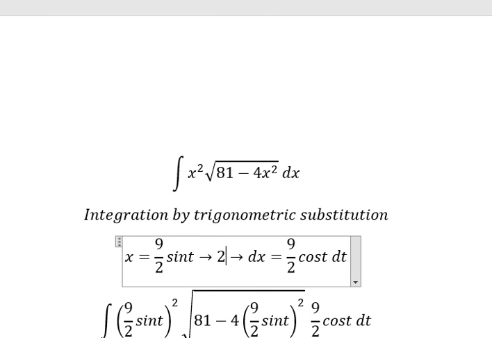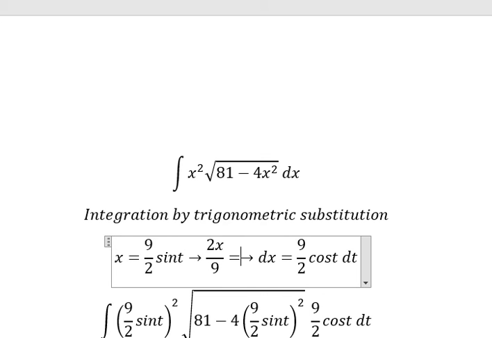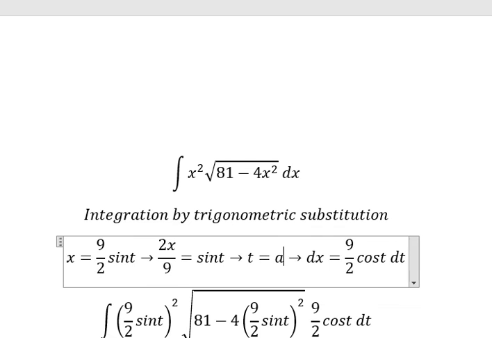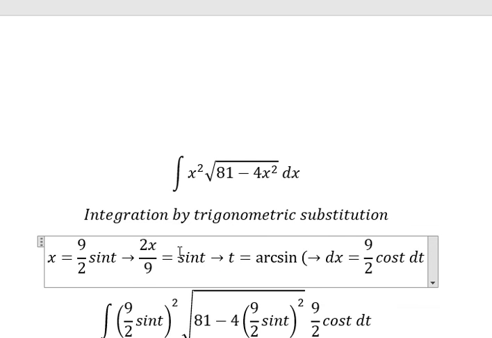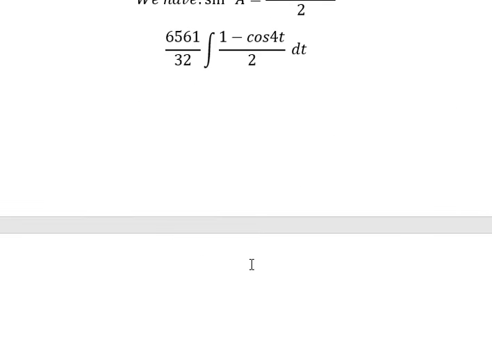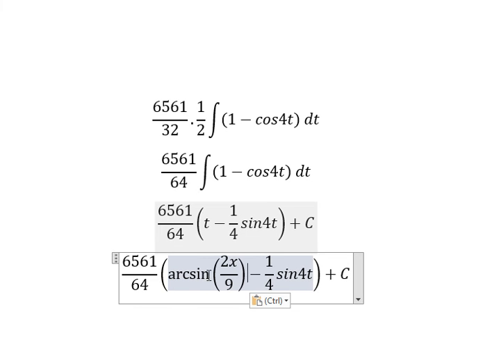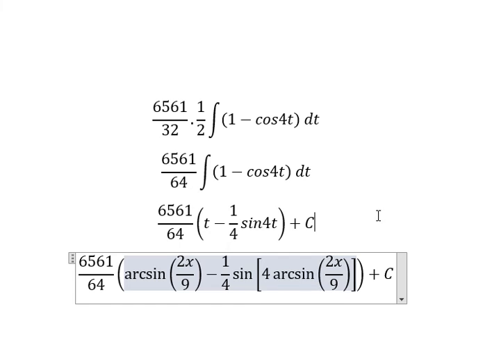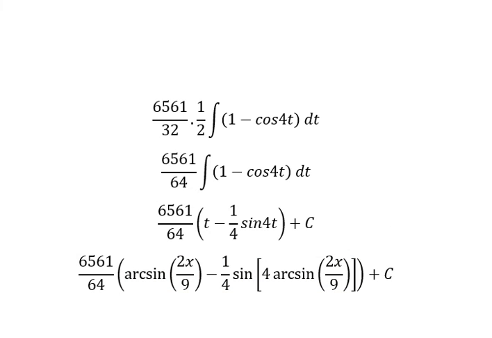And you get 2x over 9 equals sine t, and you get t equals arcsine of 2x over 9. And then I will put this one in for t. And this is the final answer.